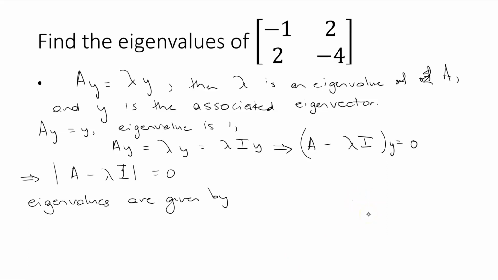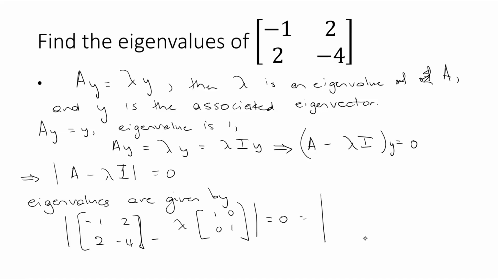Okay, so the eigenvalues are given by the determinant of the matrix -1, 2, 2, -4 minus lambda times I, and that's got to be 0. So if we do all that subtraction, we're finding the determinant of that.